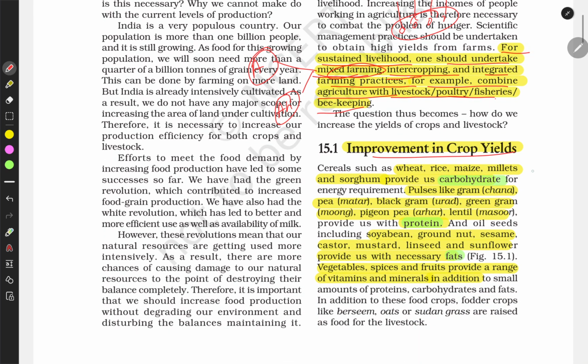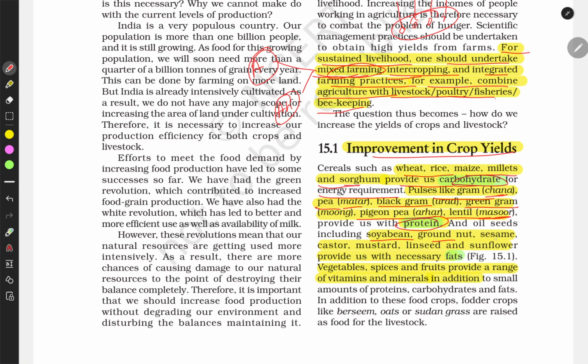Improvement in the crop yield. How can we do it? Wheat, rice, maize, millets and sorghum provide us carbohydrate for the energy requirement. Pulses like gram, chana, pea, matar, black gram, green gram, arhar and masoor, lentil are the source of protein.